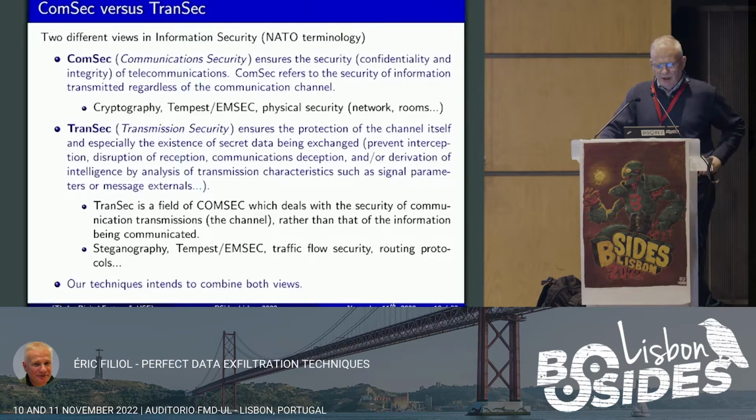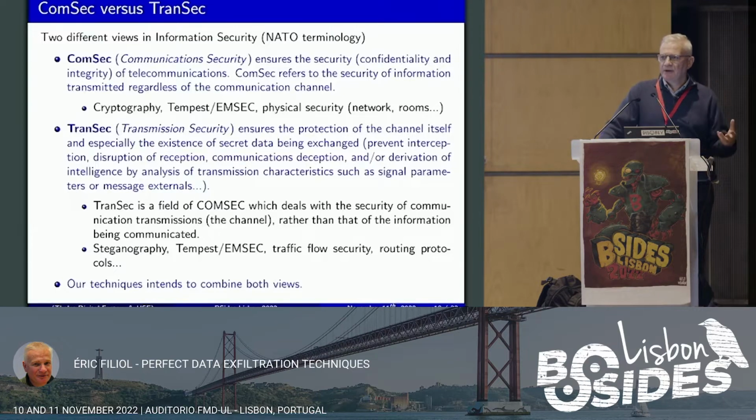So the other way is to add TRANSEC, transmission security. You not only protect the information, but also the communication channel. It means that you hide the fact that you are currently exchanging sensitive data. So if you look at the transmission, it is innocent looking.